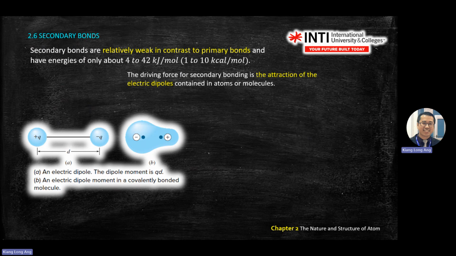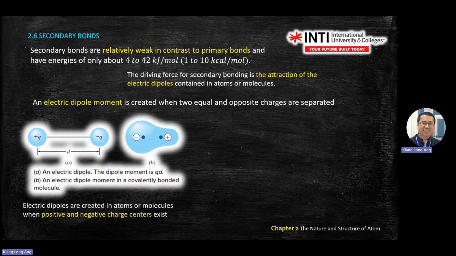Okay, so here, when there's a form of charges and a distance, they will form a dipole moment, which is Q multiplied by D. It can be referred to the positive charge or negative charge; it creates the same moment, right? And then the second diagram tells you how you illustrate the secondary bonding.